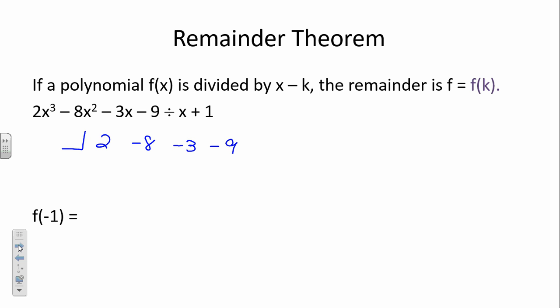And what goes in your box? Negative 1. Because if we're testing if x plus 1 is a factor, we want negative 1 as the root, as a 0.